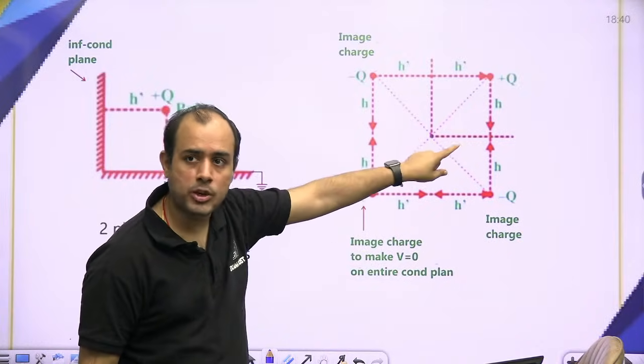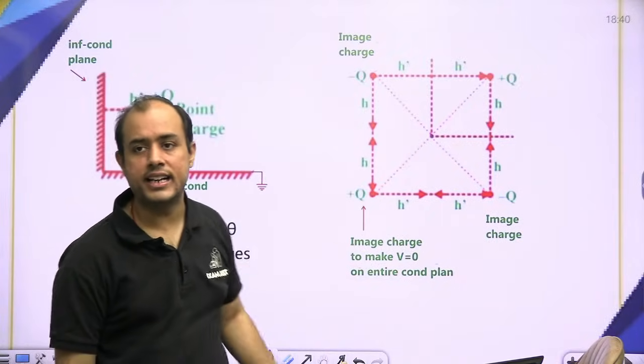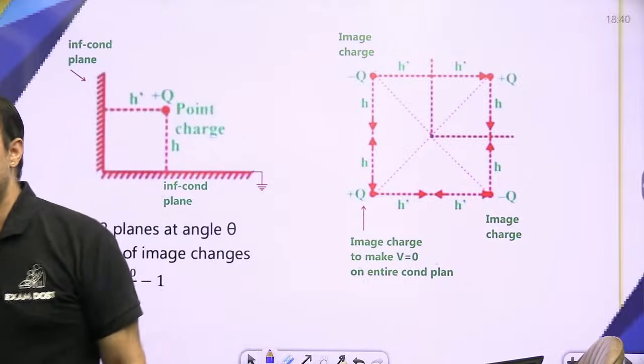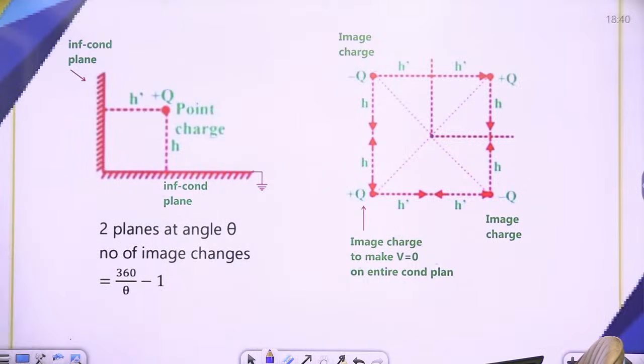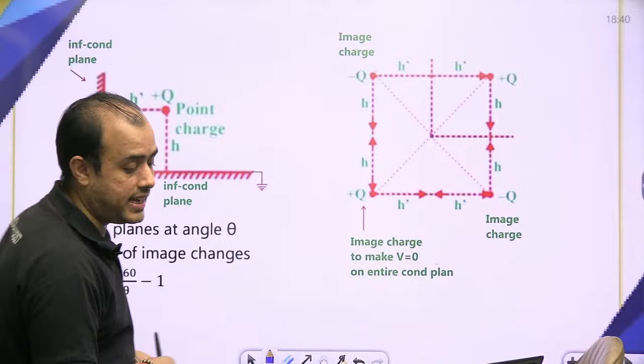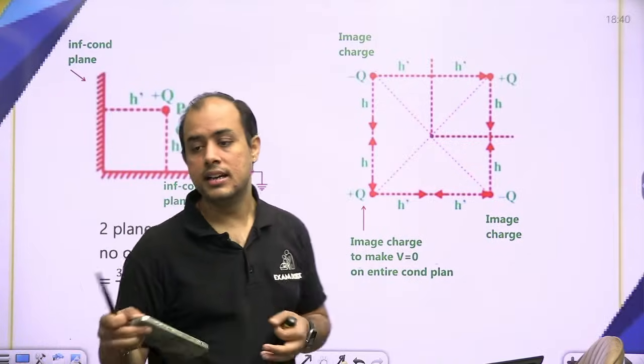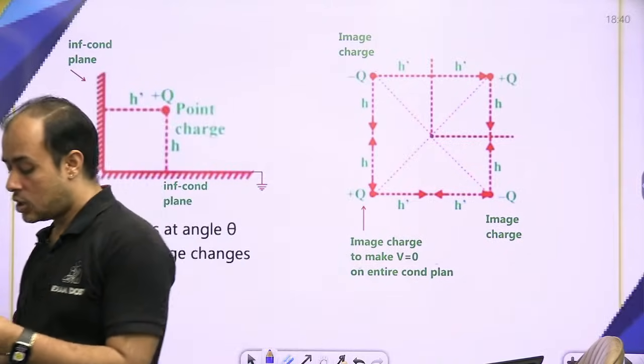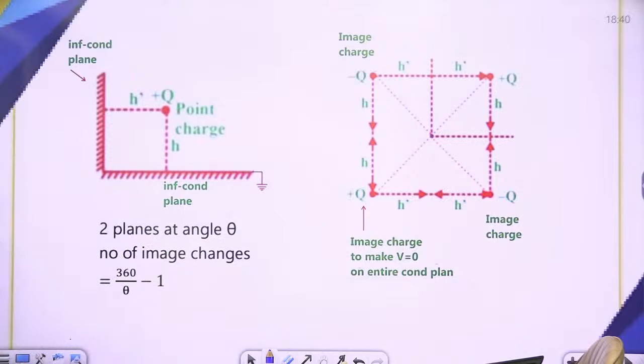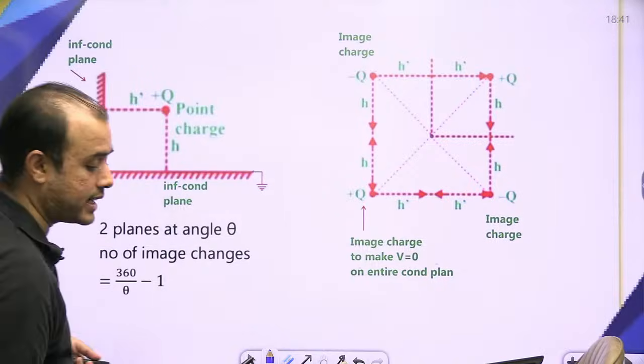So to make the potential 0, we have to take one additional charge q. तो ये बात ध्यान रखिएगा बेटा, एक एक्स्ट्रा चार्ज क्यों लेना पड़ा? वो इसलिए लेना पड़ा क्योंकि जो बीच का इनफाइनाइट कंडक्टिंग प्लेन है उसका पोटेंशियल 0 आना चाहिए था, 3 चार्जेस से 0 नहीं आ रहा था, तो चौथा चार्ज लेना पड़ेगा.